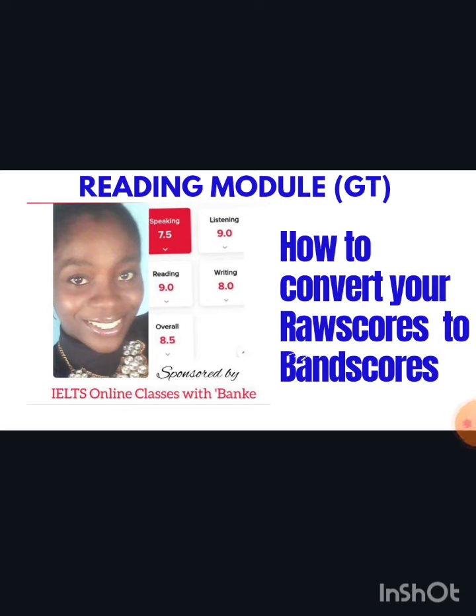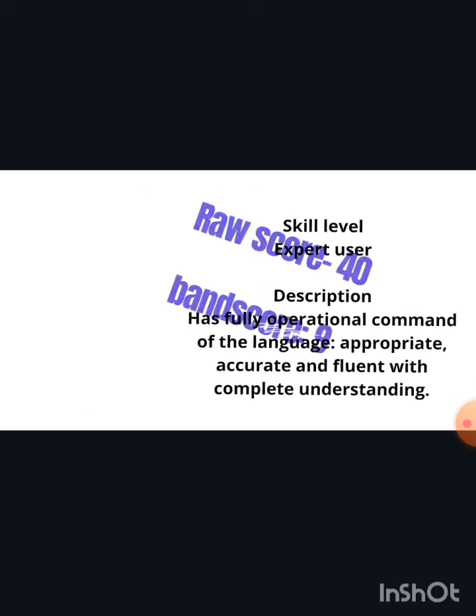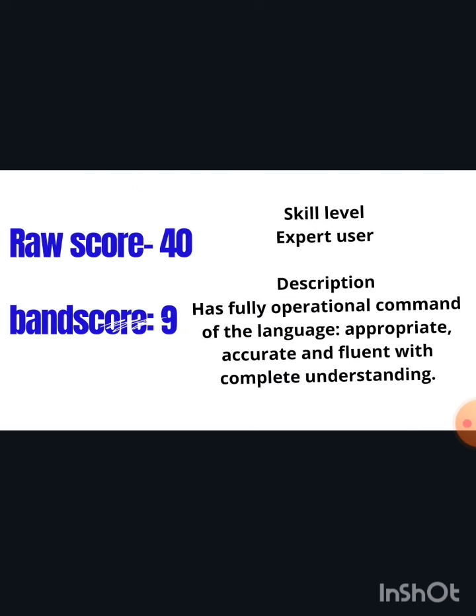In today's video, you're going to learn how to convert your raw scores to band scores in the reading module for the general training. It is important that while you are practicing, you are working with your band scores so that you will know how far your preparations are towards achieving your desired band score.